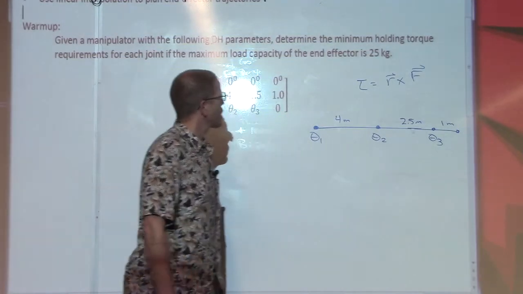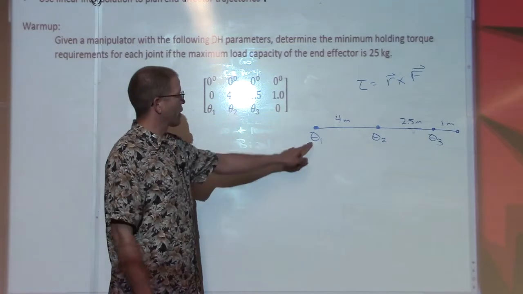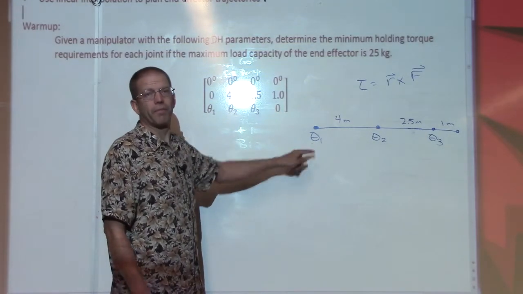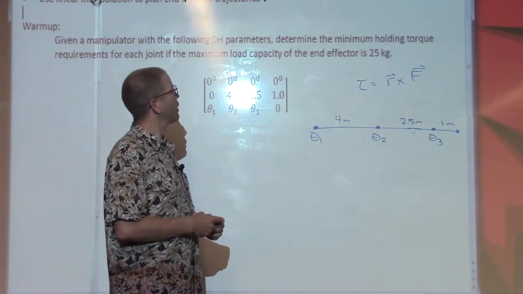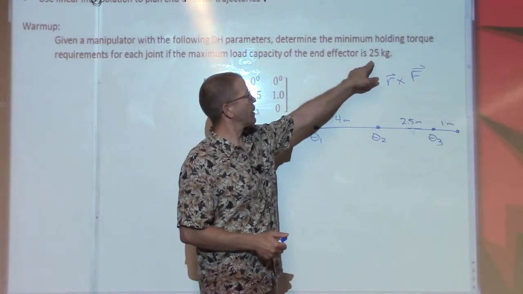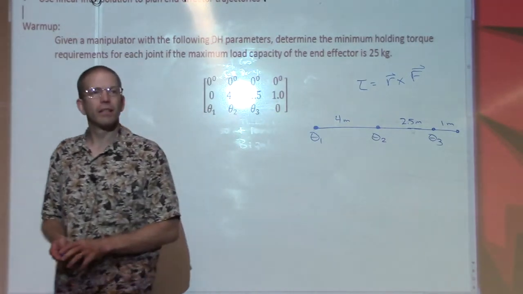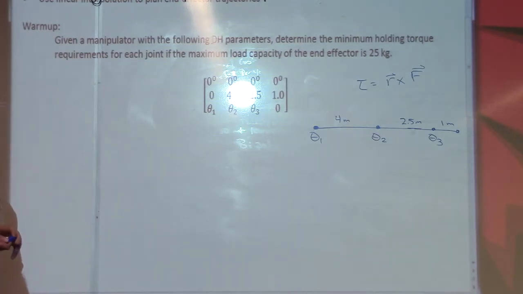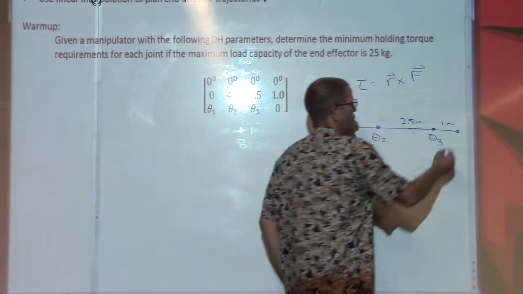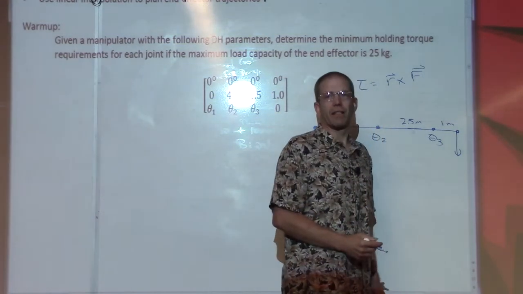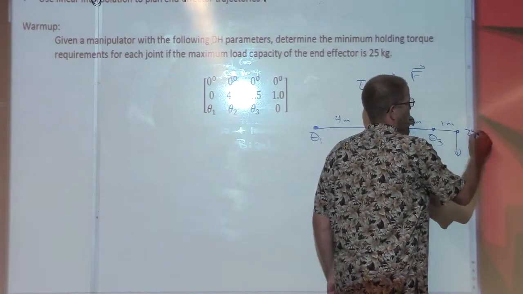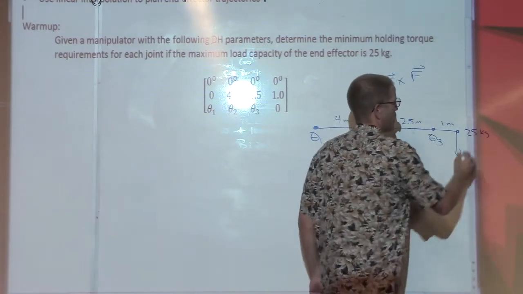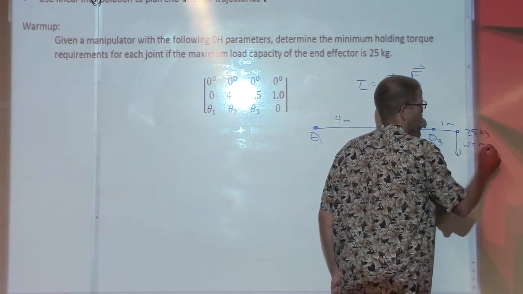Okay, so in this case, how are we going to go through and find the holding torque necessary for theta 1? And by the way, what force is associated with a 25 kilogram mass? And I shouldn't say force, what should I be saying? Weight, right? Because this is going to represent a mass that's being attracted through gravity, okay? So we're going to have a 25 kilogram mass, which represents weight of mass times gravitational constant.